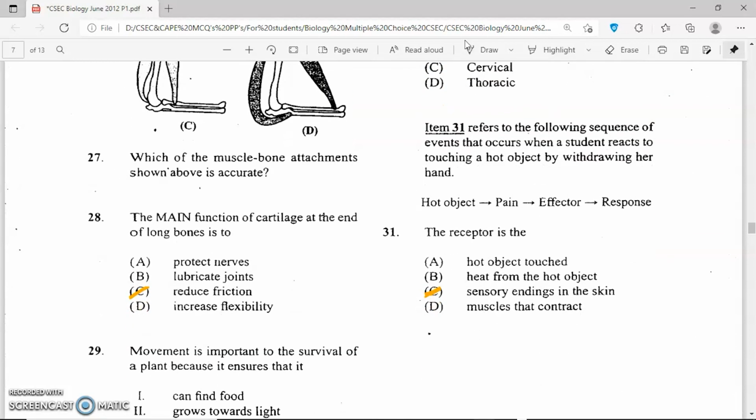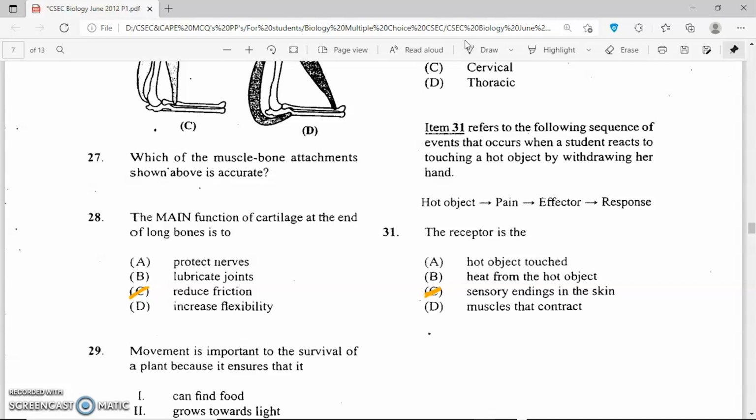Item 31 refers to the following sequence of events that occur when a student reacts to touching a hot object by withdrawing her hand. You have the hot object, pain is detected, then the effector, and a response.